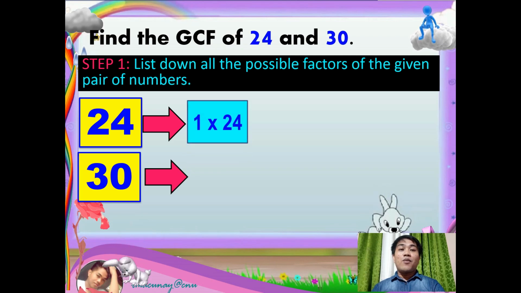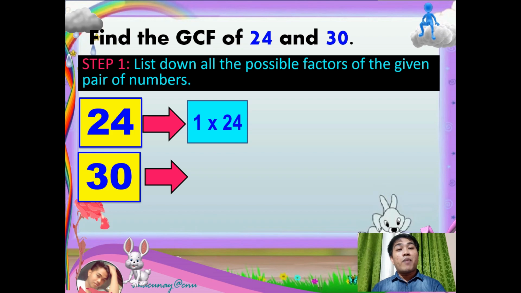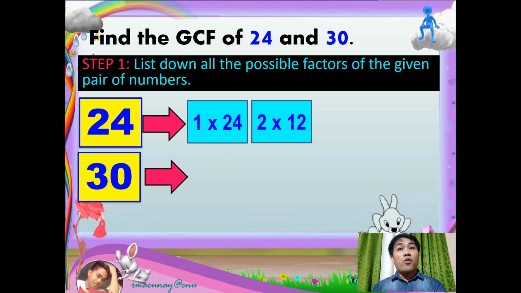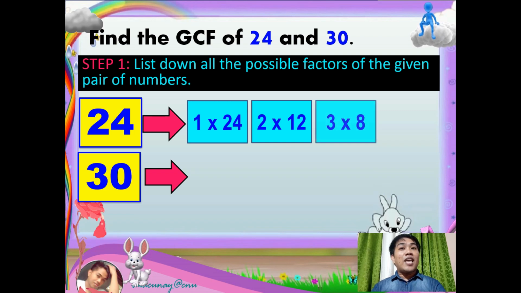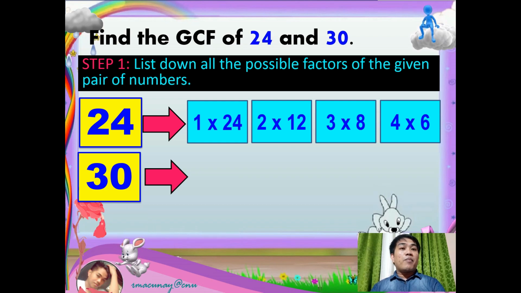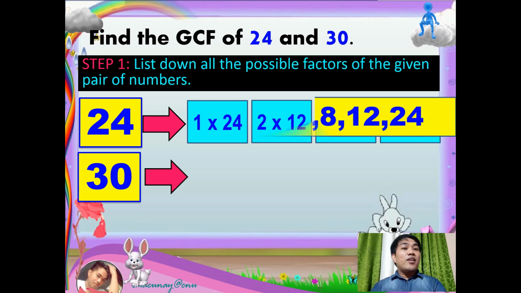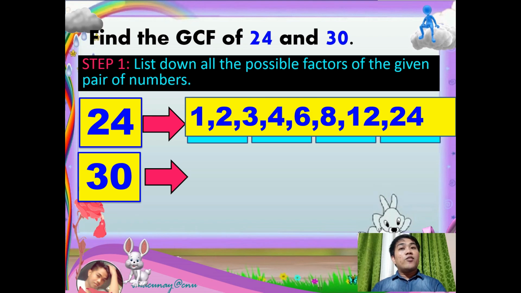So automatically we have 1 and 24 as our factors, because 1 times 24 is 24. Since 24 is also divisible by 2, we also have 2 times 12, which is 24. And also we have 3 times 8 and 4 times 6. By rearranging them, we have the factors of 24: 1, 2, 3, 4, 6, 8, 12, and 24.